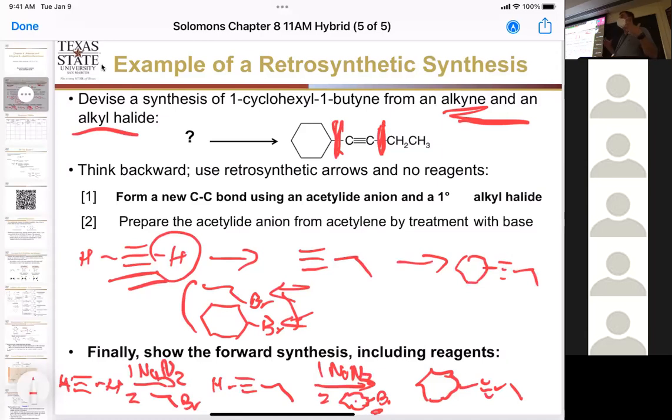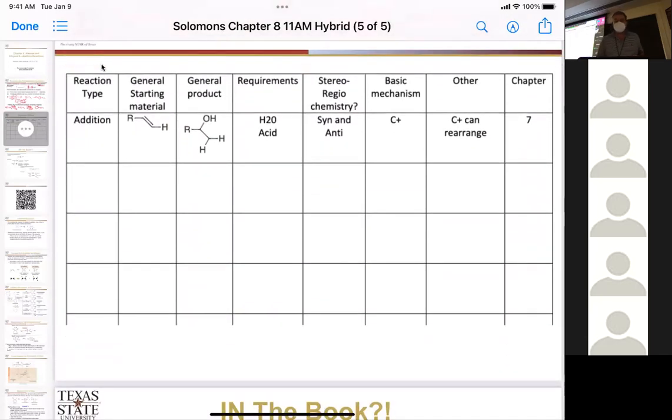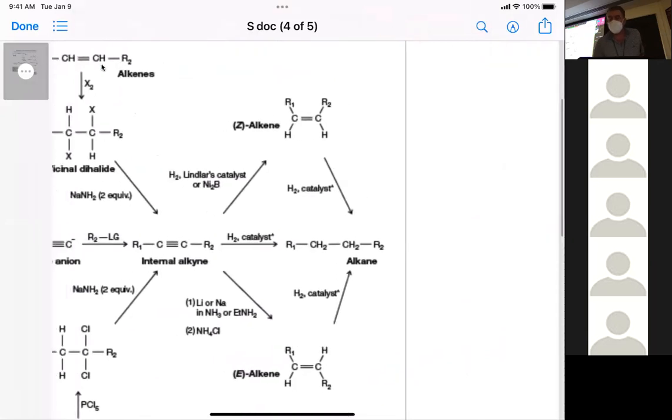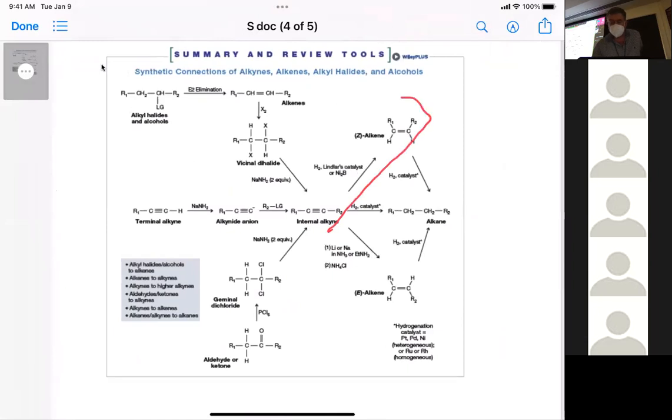Okay, so this is retrosynthesis, okay? So when we do our reactions that we're going to learn today, what I want you to be able to do is look at it in this way here, okay? I want you to think of it as, okay, I know how to do this reaction here, okay? So I'm going to make some kind of memory thing so that I can say this plus this equals my last part.